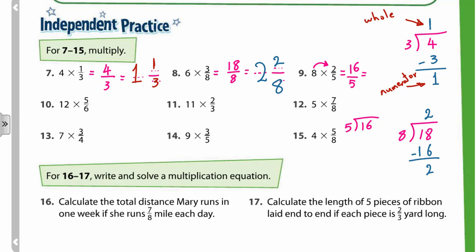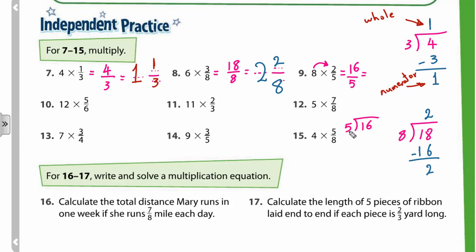16 divided by 5. Can't be? Why can't it be? 16 is more than 5.